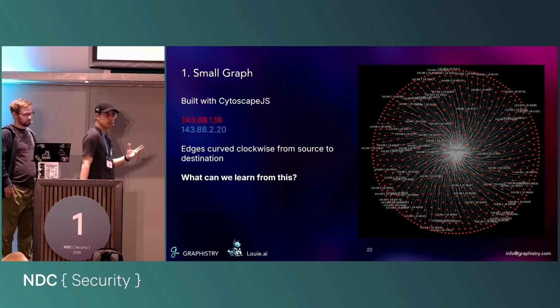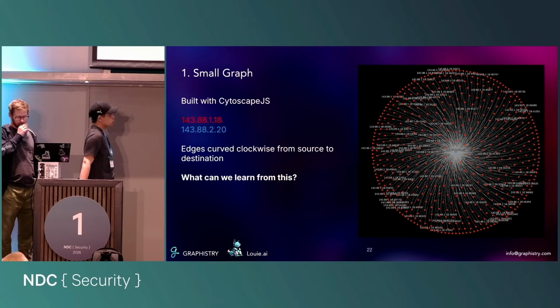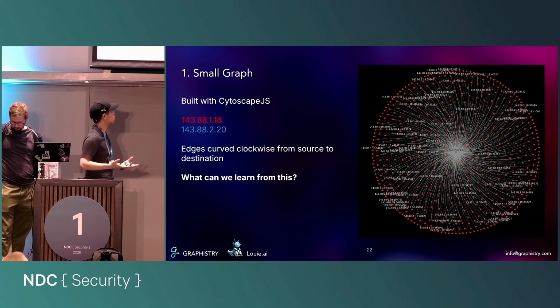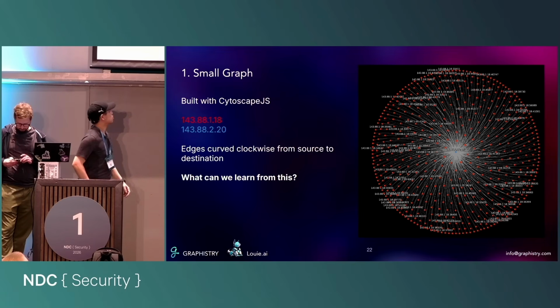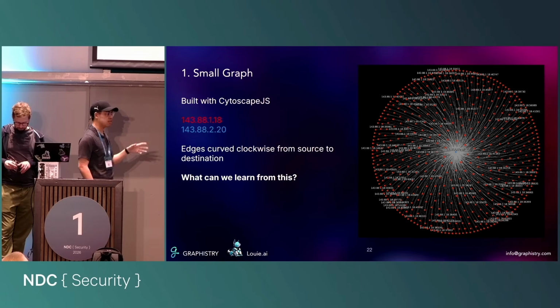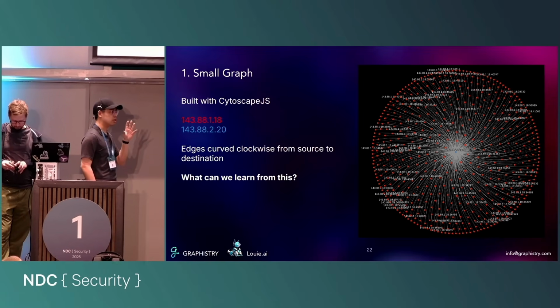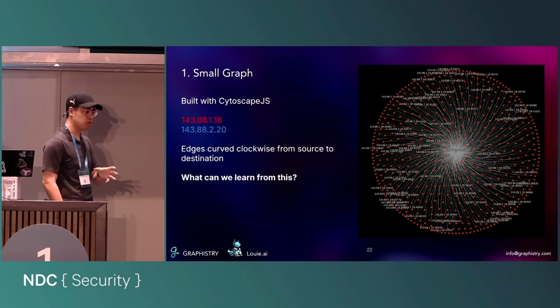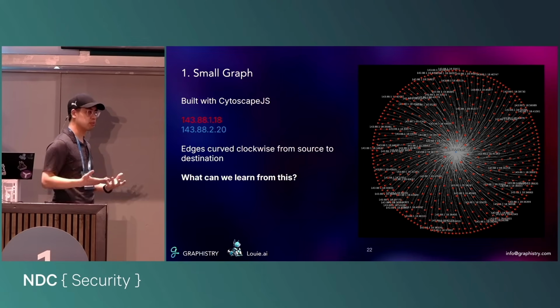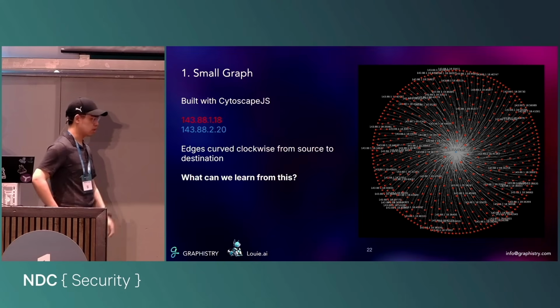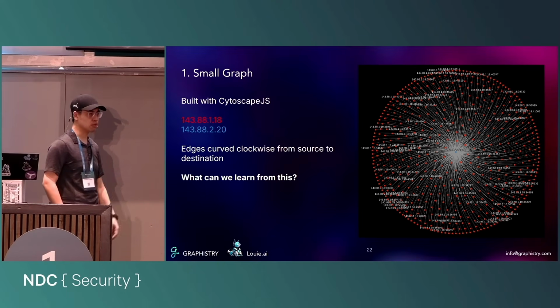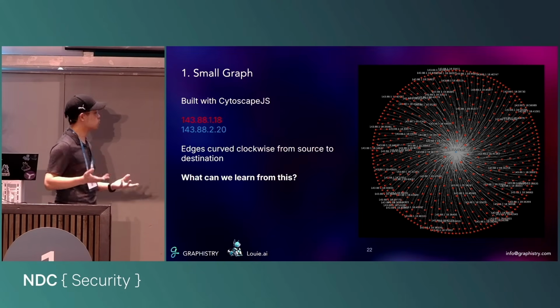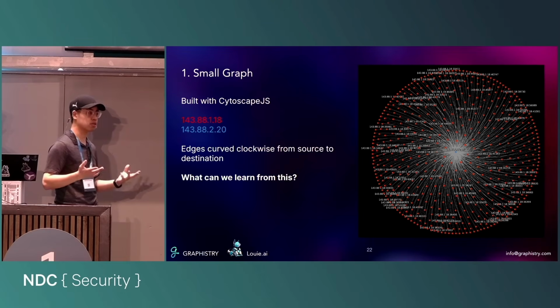A few notes about how this was built, because I want to make sure that you understand how you would go about doing this on your own data. This was built by taking the data from pandas, then doing a layout, and then putting it into a renderer. That's generally how I like to think about things. There are some software programs such as Gephi that can do multiple of those things at the same time, but thinking of it this way lets you pick the best options for each.